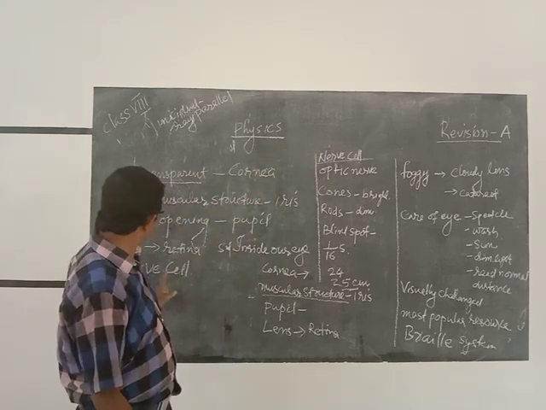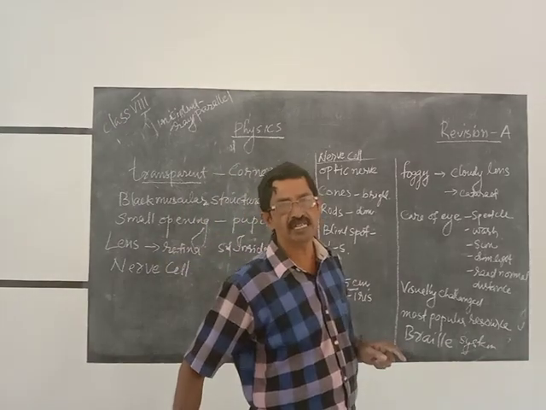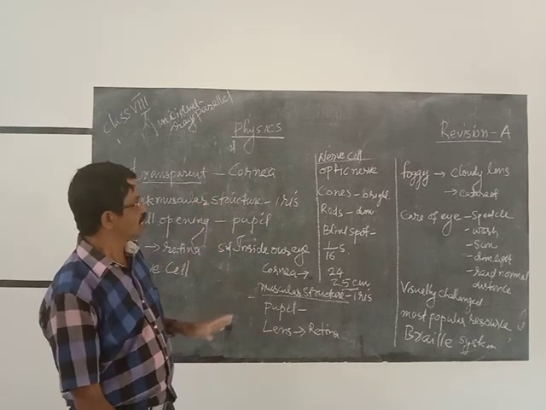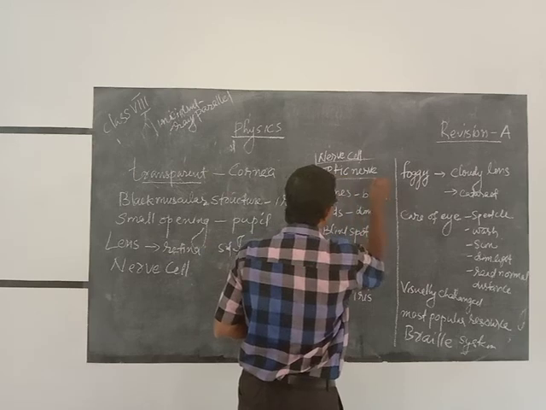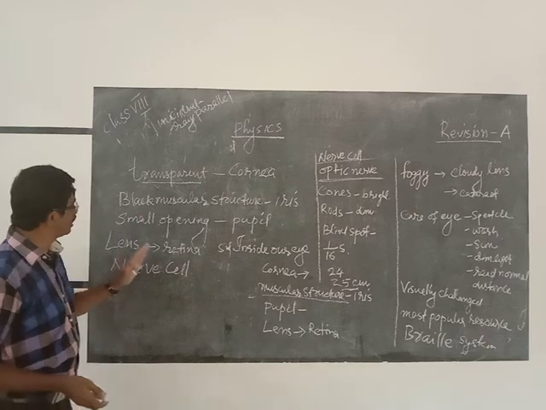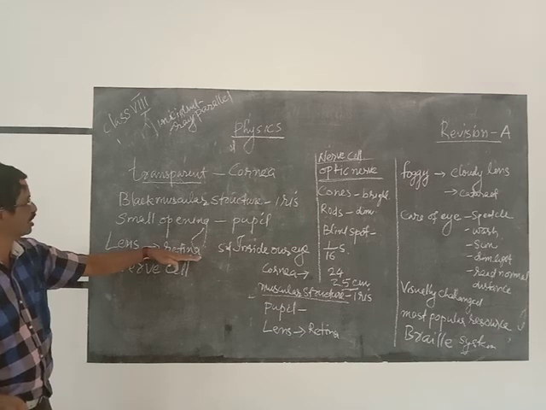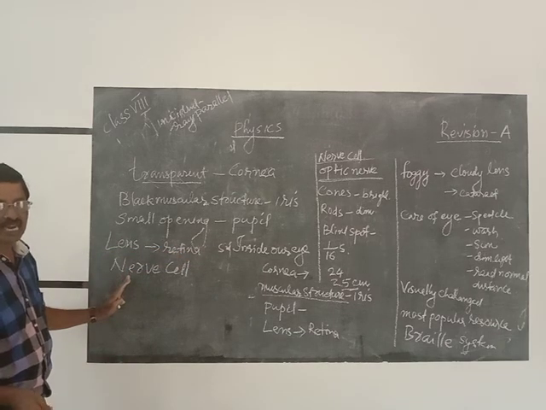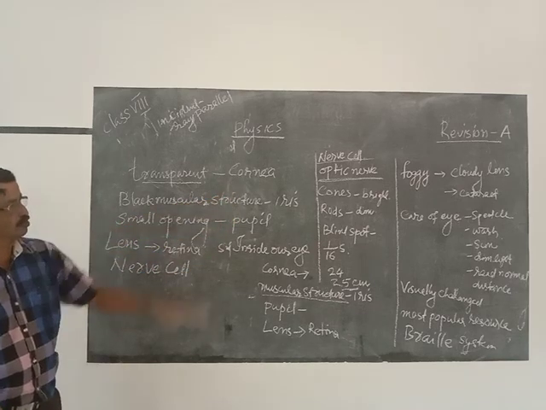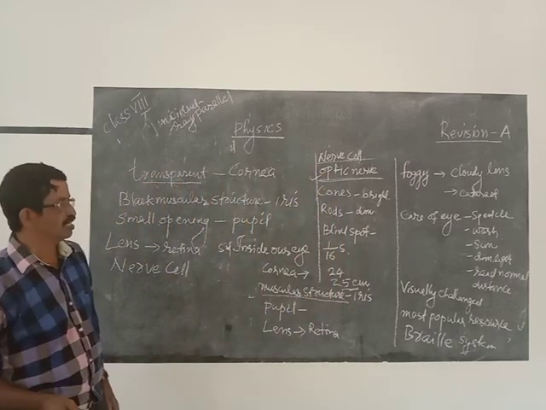That image is then sent to the brain by the optic nerve. That means there is an image on the retina, and that image is sensed by the nerve cells, and it is sent to the brain through the optic nerve.